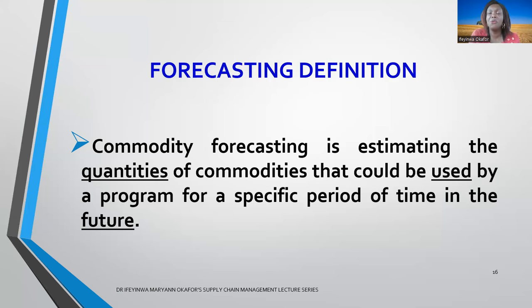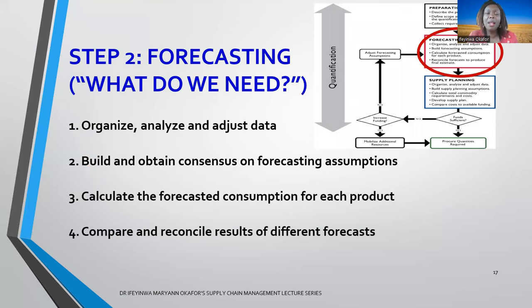That is what? Forecasting. Now, in doing forecasting, remember, we're discussing quantification, and we said there are three phases. We've looked at the first step, which is the preparatory step, and we're looking at the second step of quantification, which is forecasting.